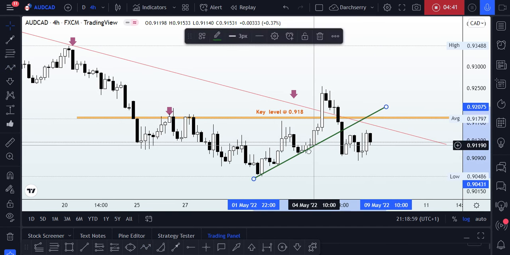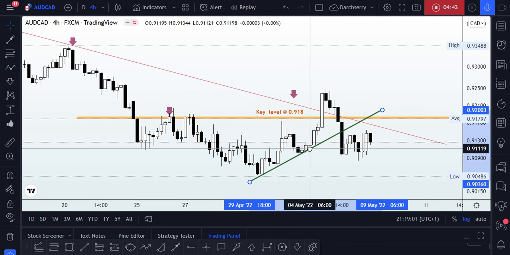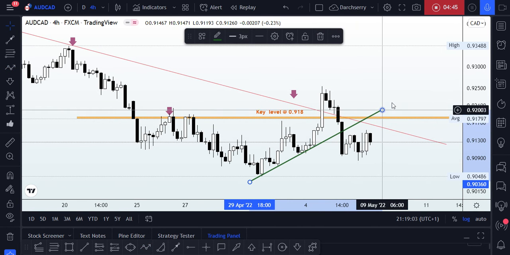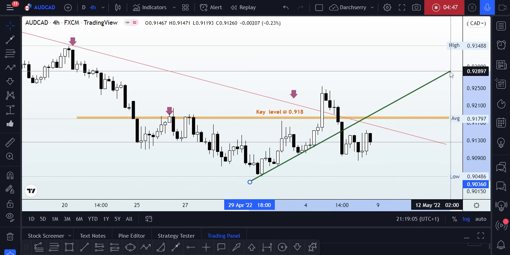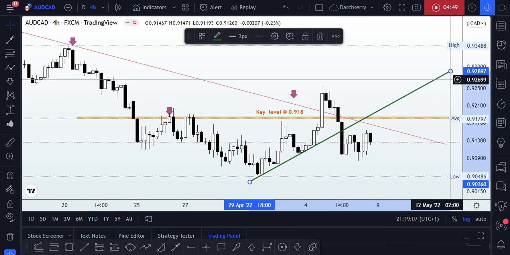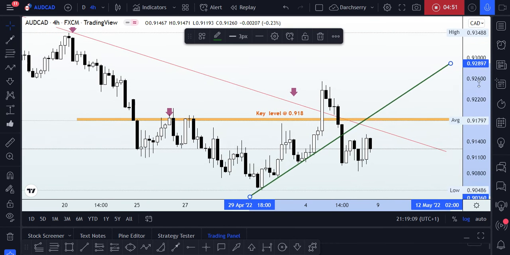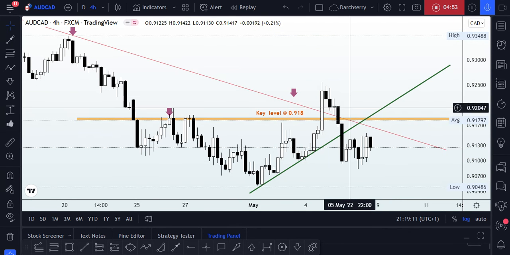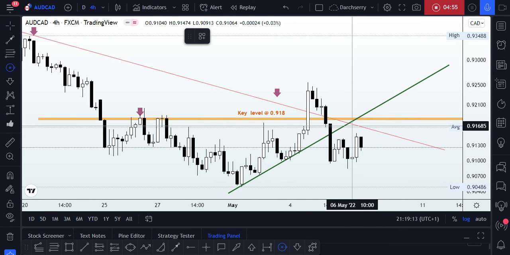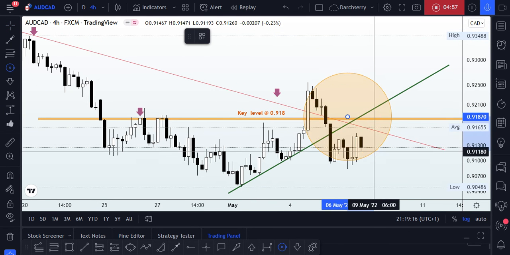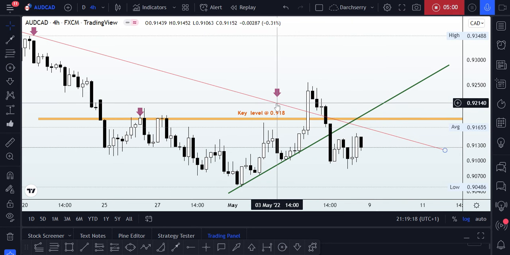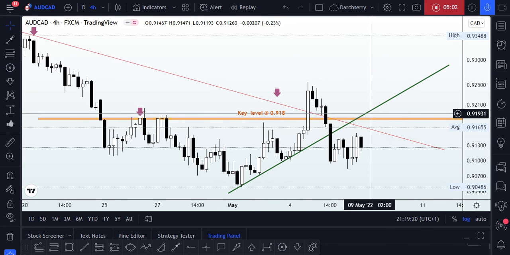We think that bullish trend line will probably be a guide to price action for any bullish momentum that will want to happen at this point in the market. So we have almost three confluences around this area: the bearish trend line, the key level, and the bullish trend line.